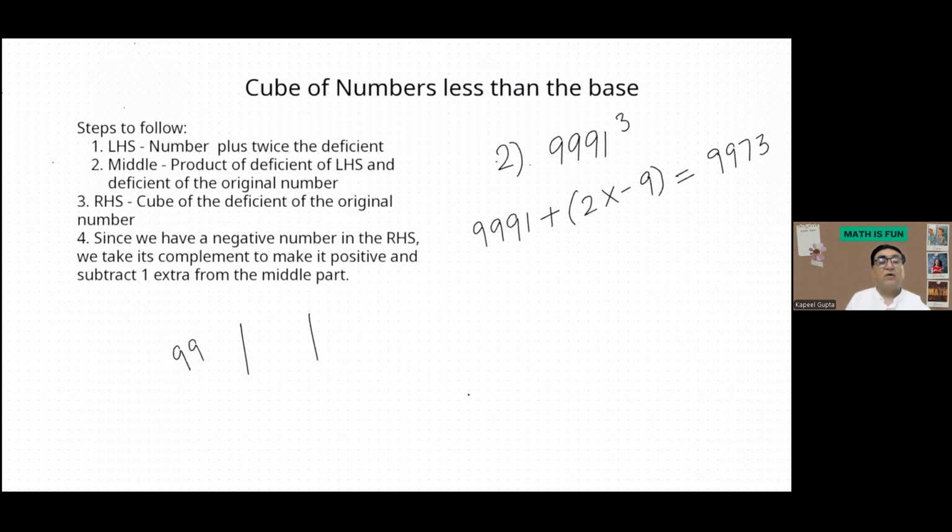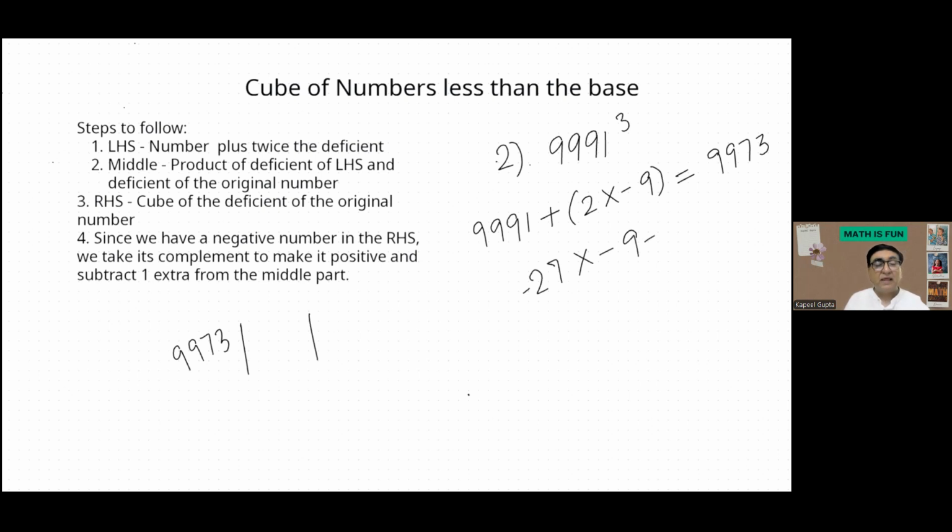Right? Now, coming to the middle part, product of the deficit of the left hand side. The left hand side is now 9973. So the deficit becomes minus 27, right? And then the deficit of the original number becomes minus 9. So what I have to do?